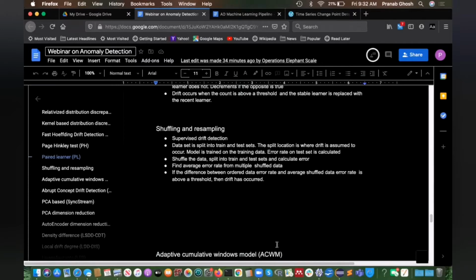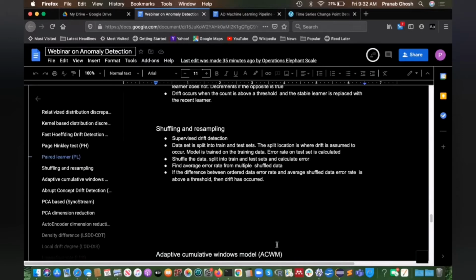Or in other words, if there is no drift, then the two errors will be more or less in the same range. That's because if there was actually a drift around that point, that means with the ordered data, the test data set is coming from a completely different distribution, so you expect a very large error rate.